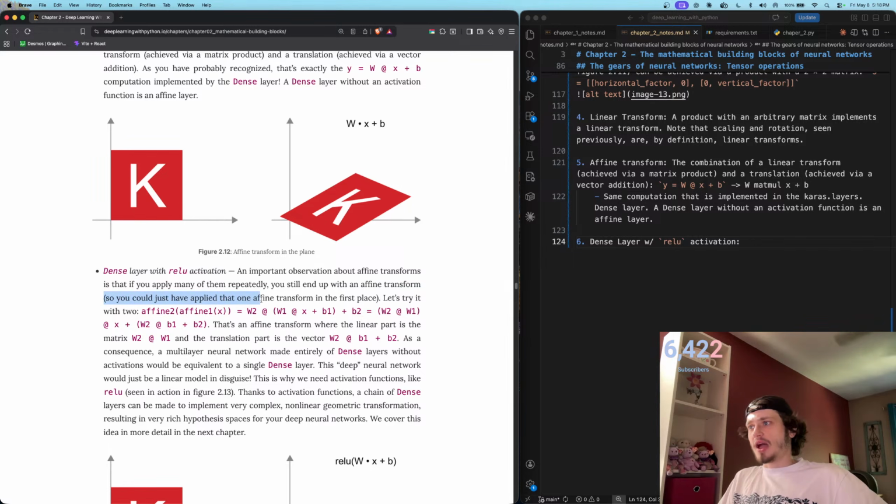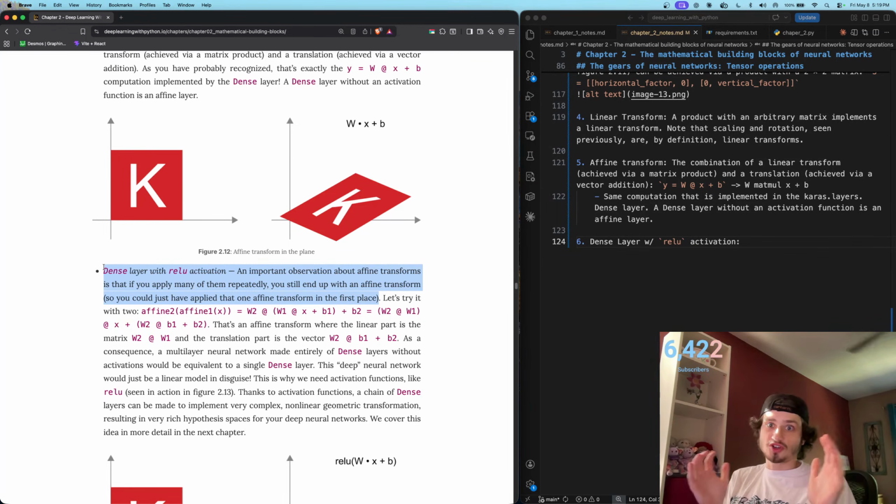So you could just have applied that one affine transform in the first place. If you sum up all of those affine transforms into one, it's the same thing as saying 10 multiplied by 2 is 20, is the same thing as 5 times 2 times 2 is 20.